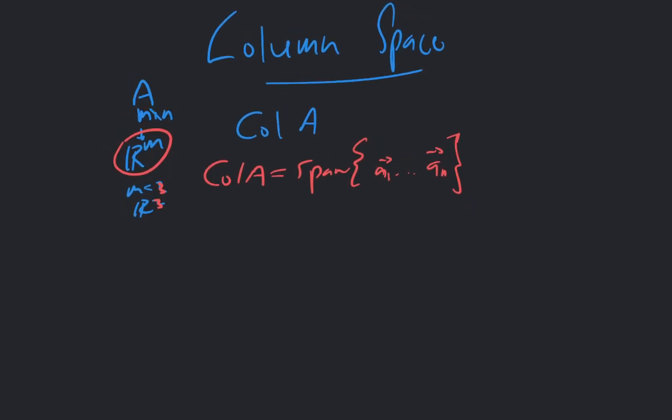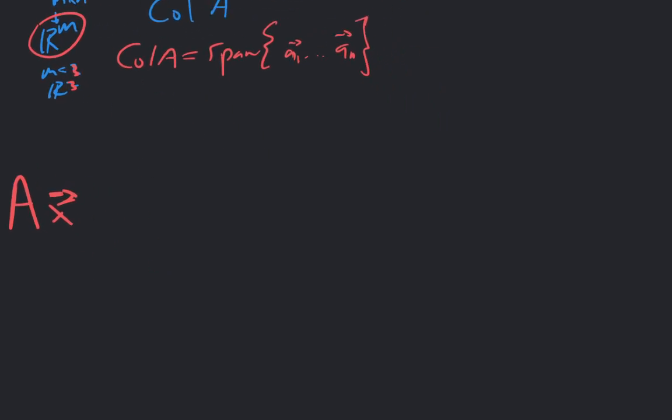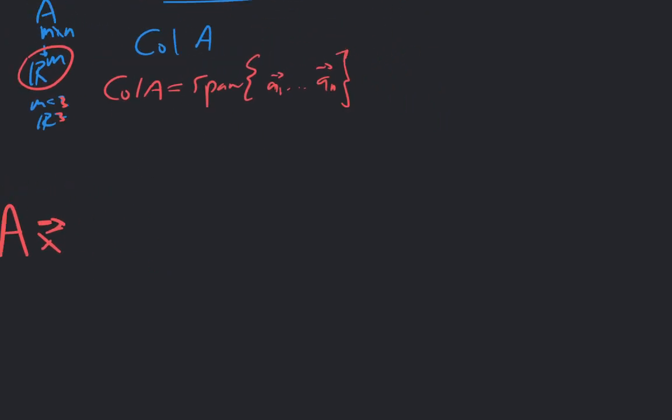The matrix could be seen as a transformation. For example, if we have matrix A multiplied by a vector x, the column space is a set of all possible outputs you can get from multiplying A by an input vector. To find the column space, first we write the matrix, and then identify columns as vectors.